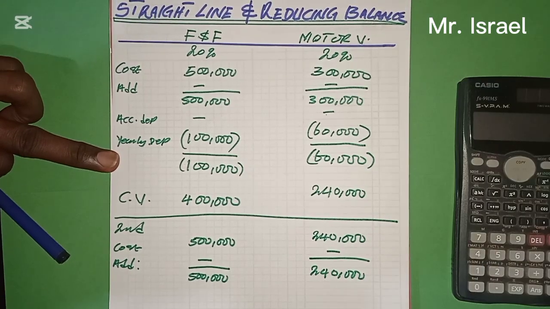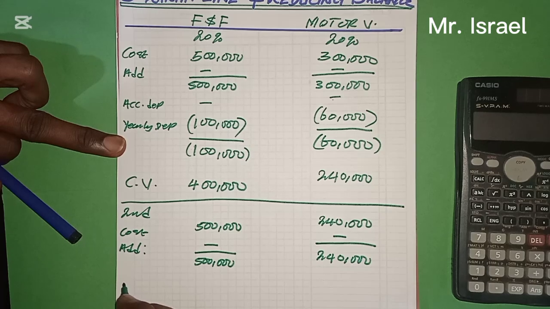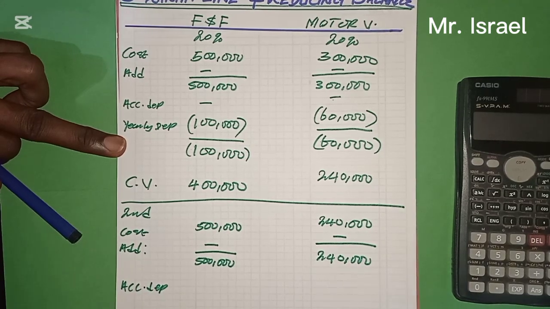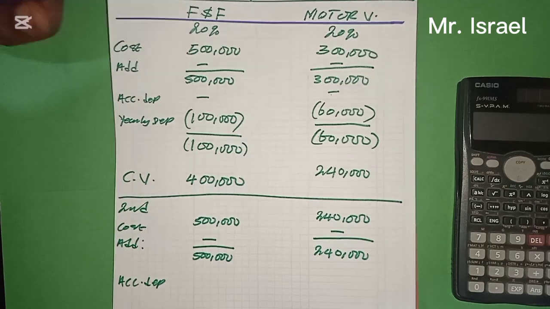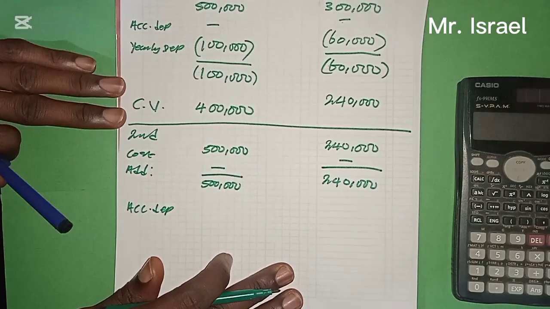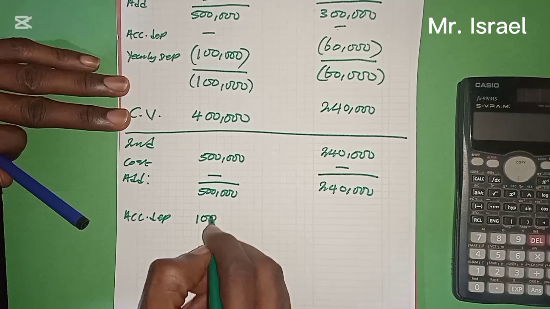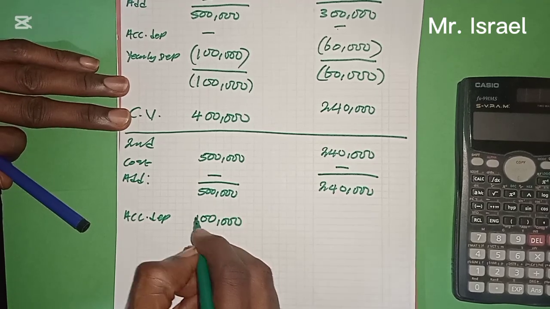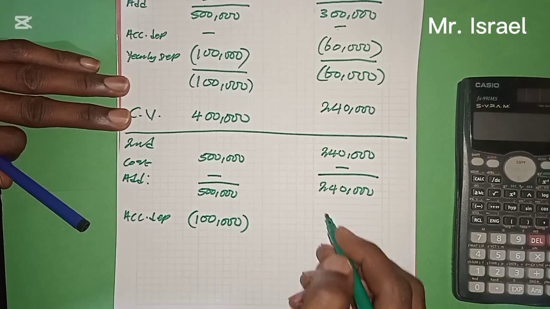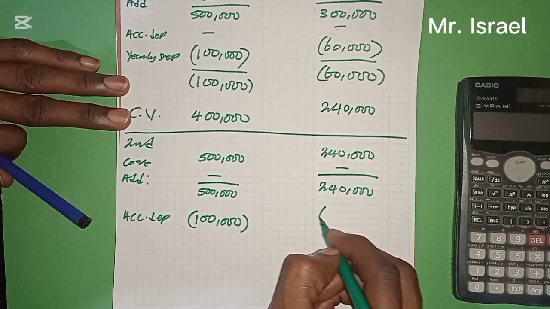Now, do we have accumulated depreciation? Yes, we have. We now have accumulated depreciation because this is the second year. Our accumulated depreciation here is 100,000. Our accumulated depreciation here is 60,000.